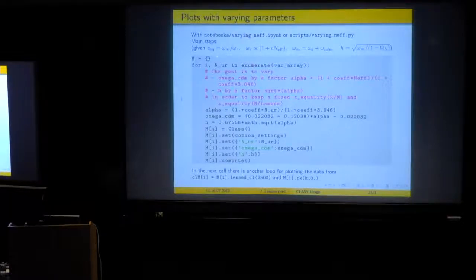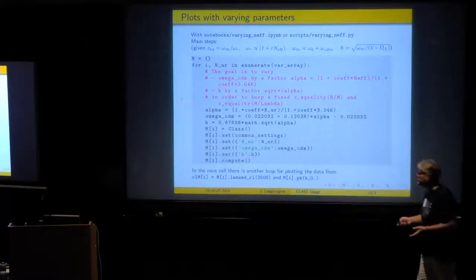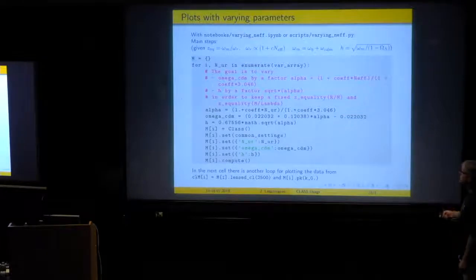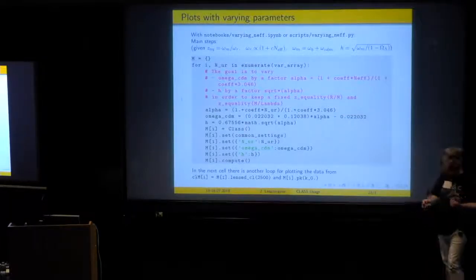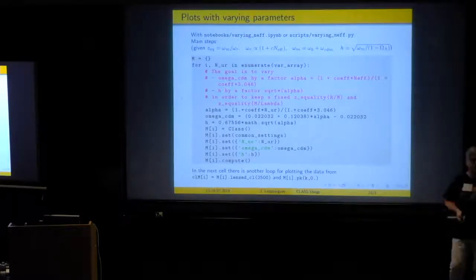So now I'm going to define an array of models, with an index i, because in this script, which is a bit more elaborate than the previous one, I first want a loop in which I compute all my models. I keep all of them in memory, and in the next cell, I will plot all of them.